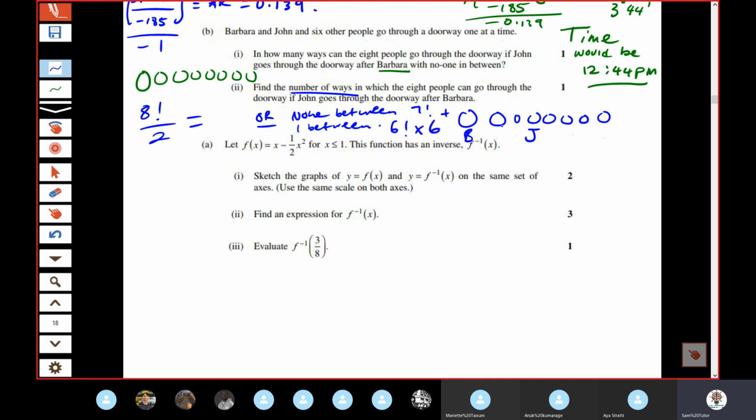It's 5 times. No, it shouldn't be 5 times. It's 5 factorial, because 6P4, you're going to put someone in there. Yeah, 5 factorial times, and now the fact that these guys can all move.